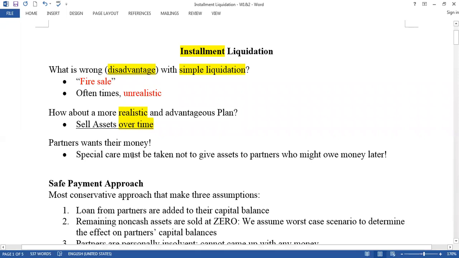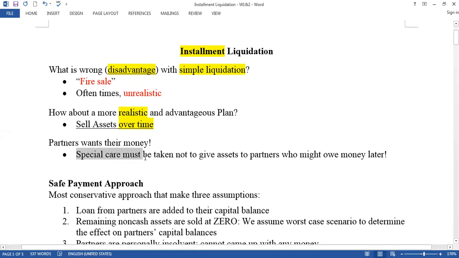Whenever you sell your assets, you must pay the partners, but this cash may not be enough to pay all of them. So we have to find out who has the surviving ability and who does not. If a partner does not have the surviving ability, the partnership will not give money today. Maybe the partnership will give this money to the partner who has the surviving ability. So special care must be taken.